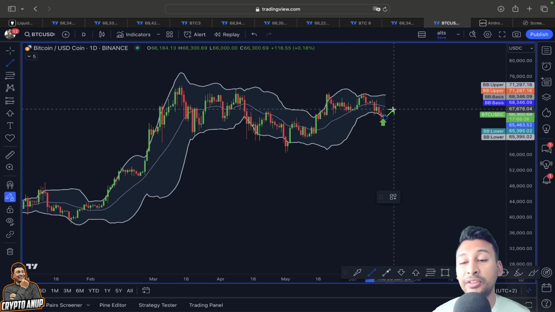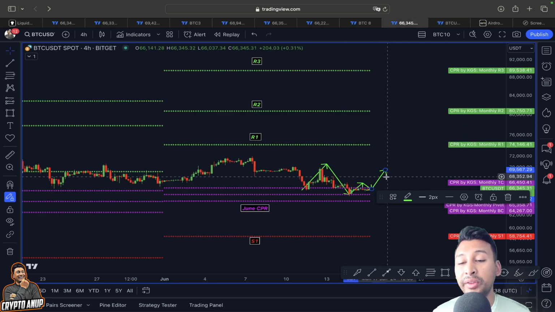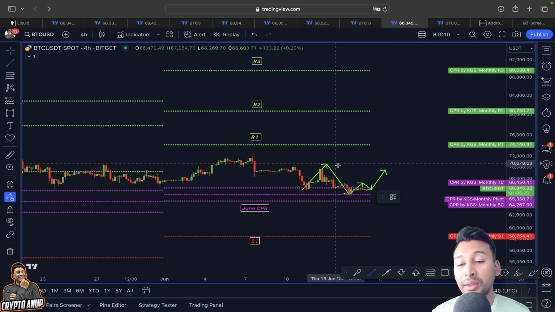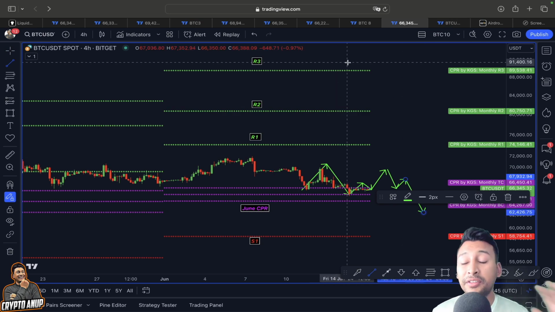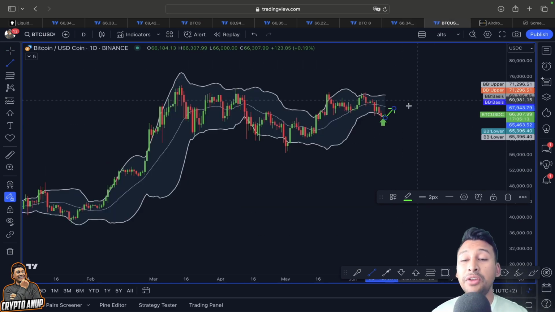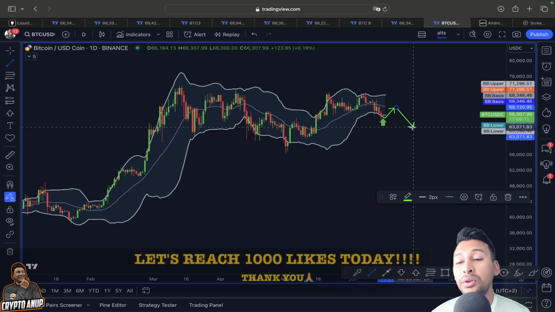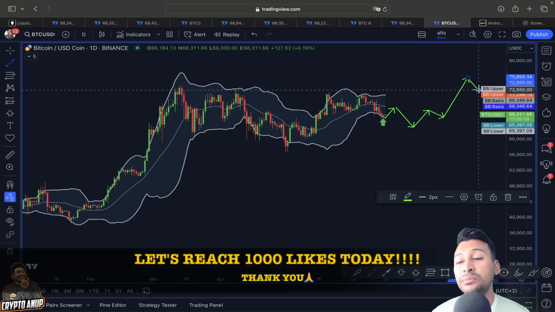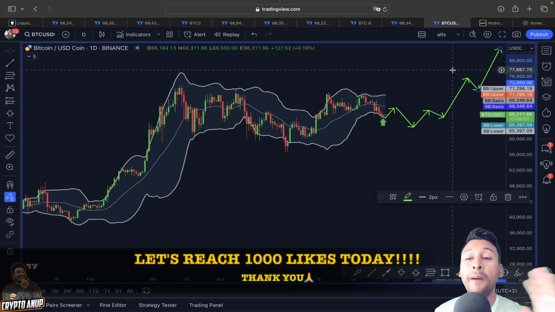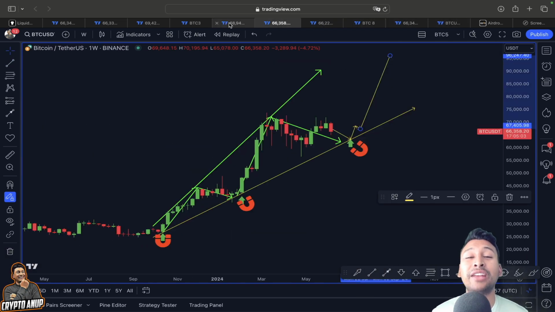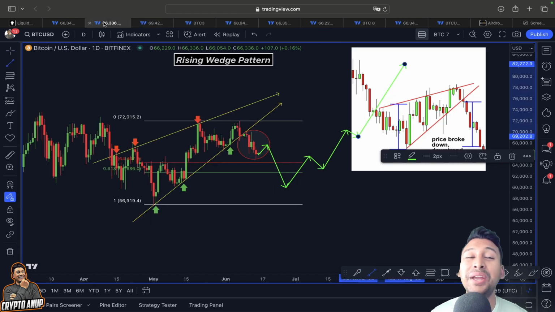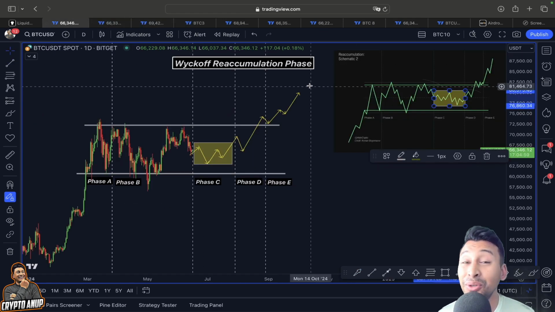I mean, price after testing this lower band could get attracted towards the central band, which will also result in another relief rally here, and then slowly continue towards our 65,000 support area before finding bottom, before starting with this another bullish move. So in case of doubt, I suggest you guys simply zoom out, because in a bigger picture there is nothing to worry about.